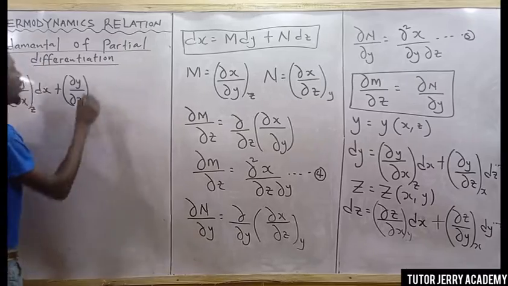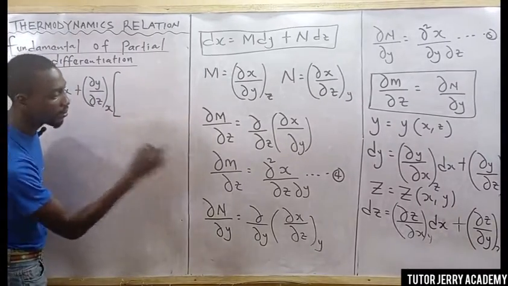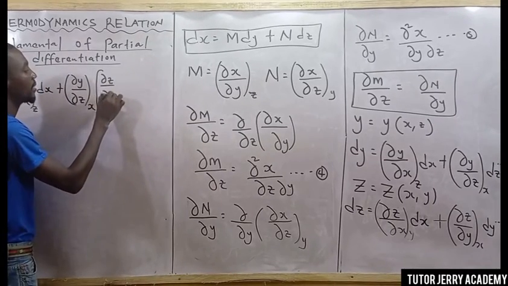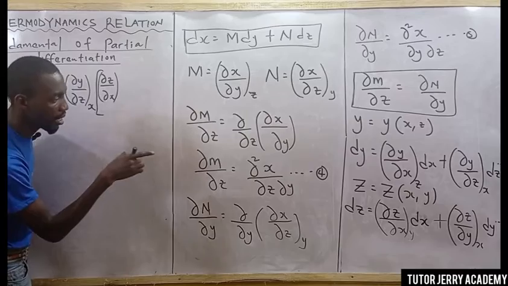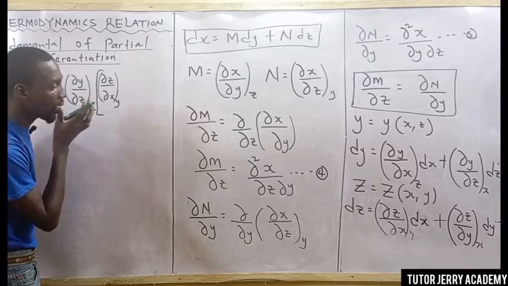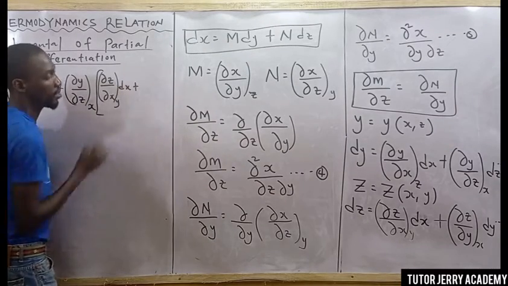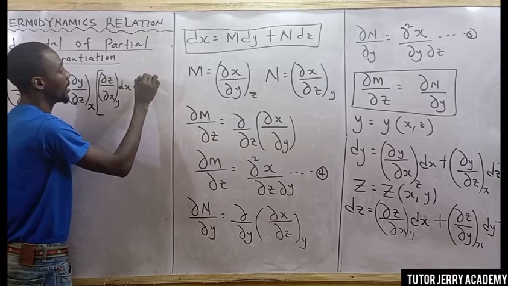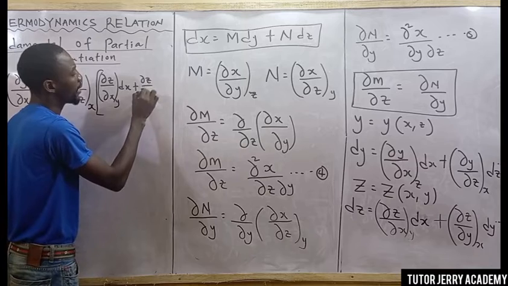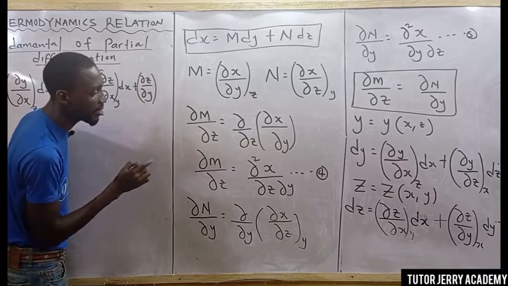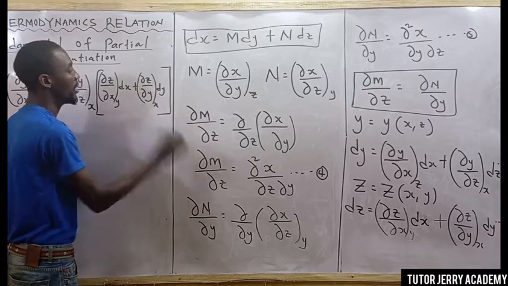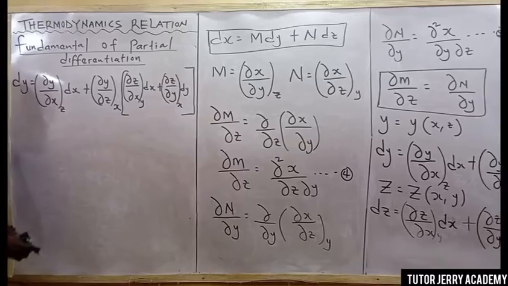So here we have it as the partial derivative of z all over the partial derivative of s, keeping y constant, ds, plus the partial derivative of z all over the partial derivative of y, keeping s constant, dy. So we can close the bracket now. All right, so this is what we are going to have.